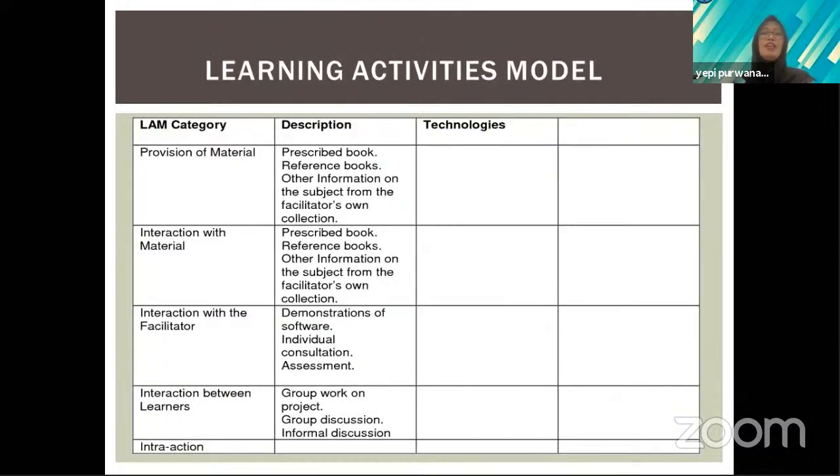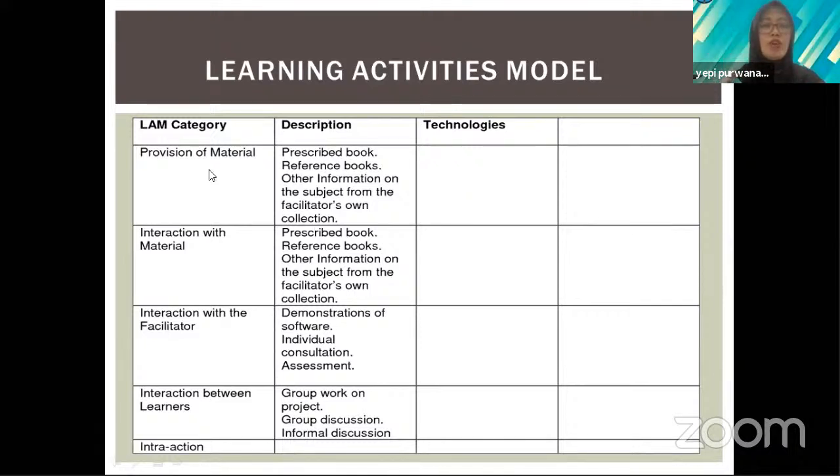Okay, and how can we have it? We have to make a table like a learning activities model. So we have provision of material, what kind of book we will use, the interaction with the material, interaction with the facilitator, interaction between learners. And we have to decide what kind of technology we use.